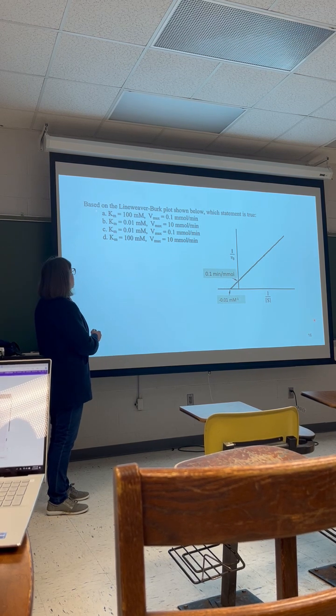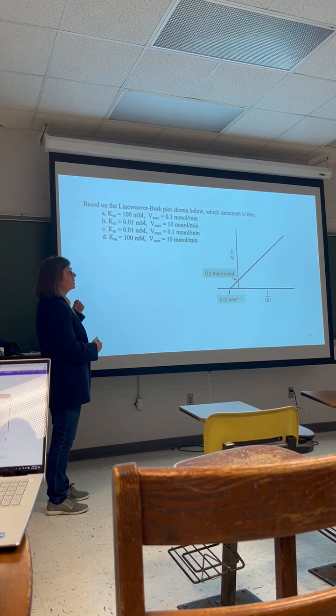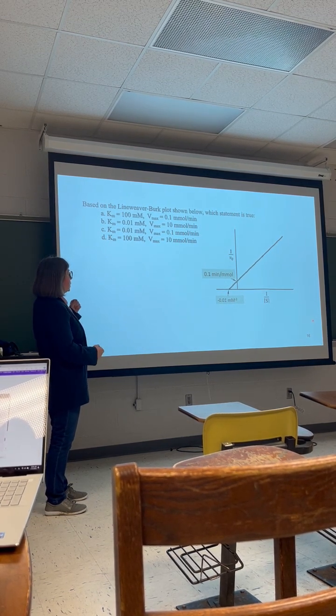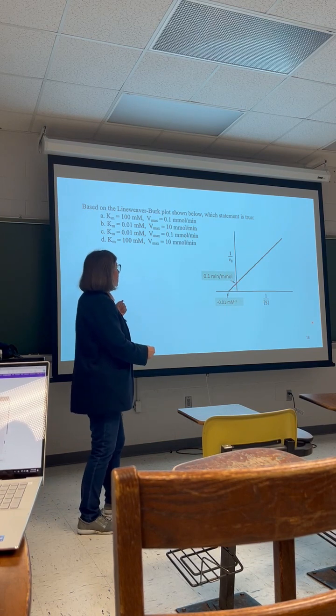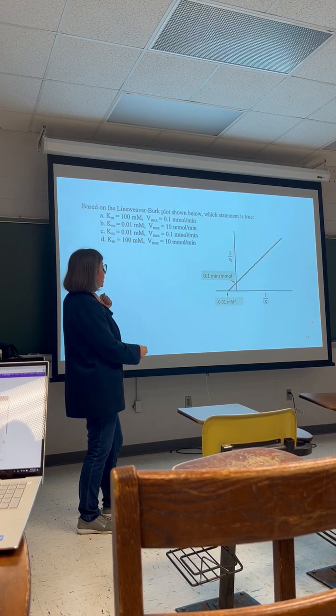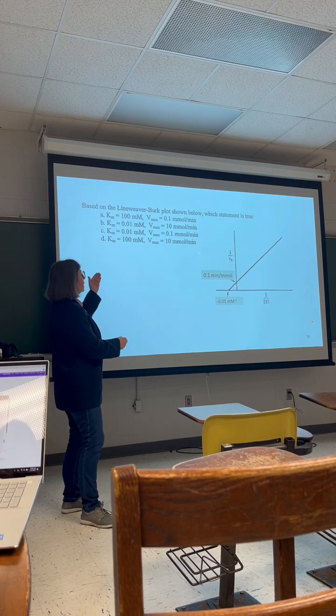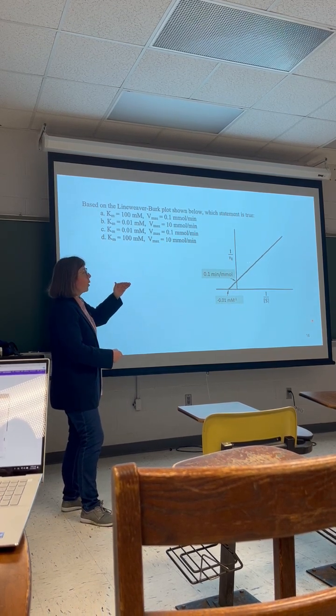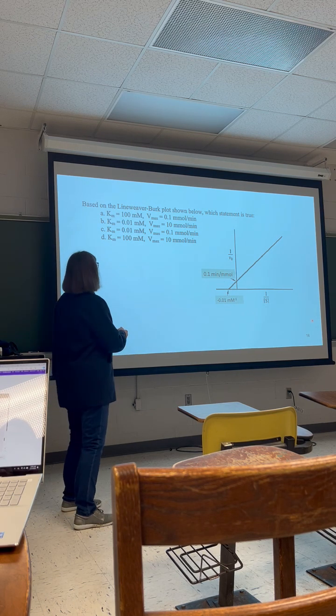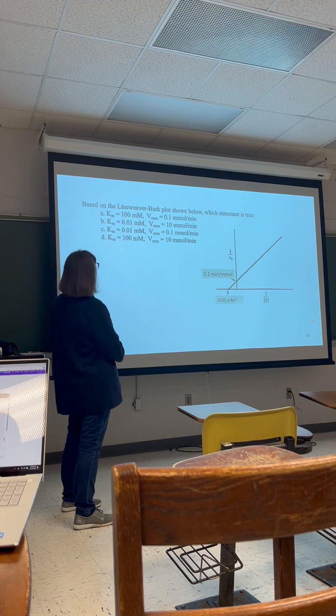I am asking you, what is Km and what is Vmax? You have to know that this is 1 over Vmax. So 1 divided by 0.01 is 10. So for Vmax, I have two choices, B or D.